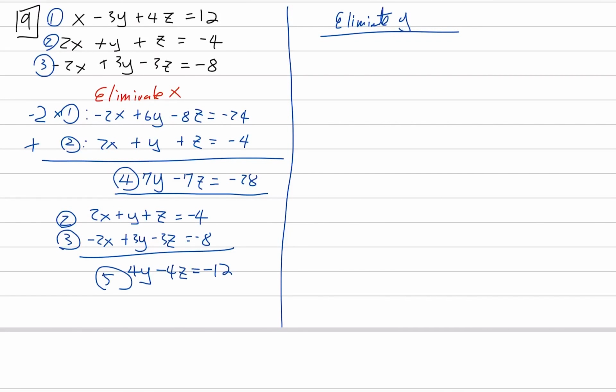Let me multiply -4 to the fourth equation. -28y plus 28y equals, -4 times -28 gives me positive 112. For the fifth equation, I'm going to multiply by 7, which gives me 28y.